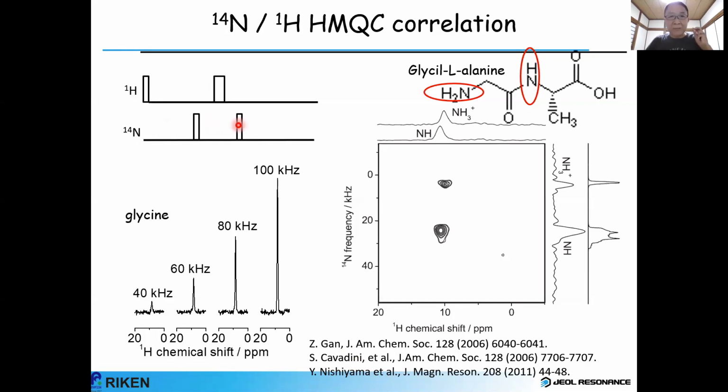If you think about the abundance, this is quite natural. Both nuclei are almost 99% abundant. Then we can easily find this pair, and we can obtain a very high sensitivity spectrum. Actually, we spent only 2 minutes to get this spectrum. It's quite an easy experiment. This is supported by the sensitivity enhancement by fast MAS.